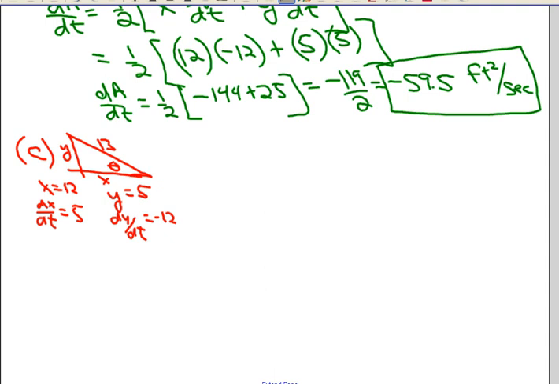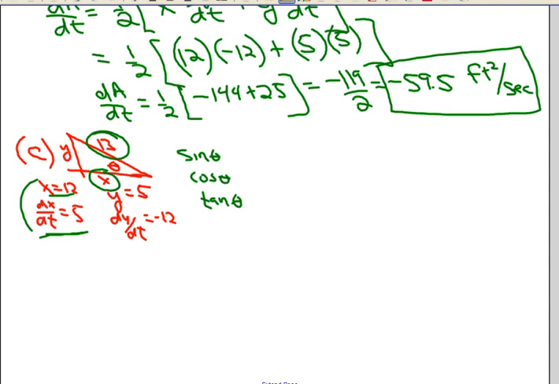Okay, so we need a trig function, and you're thinking sine, or cosine, or tangent. And any of these will work, but since the 13 is a constant, it might be nice to include that. And since they gave us the initial information about x and dx/dt, it might be nice to use that.